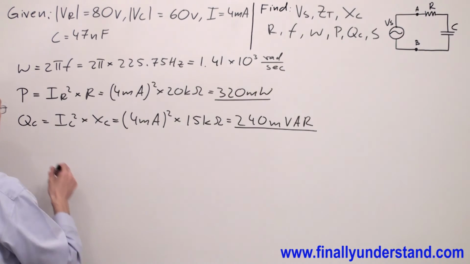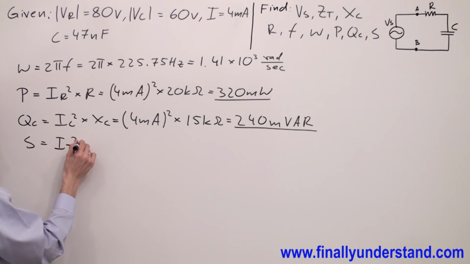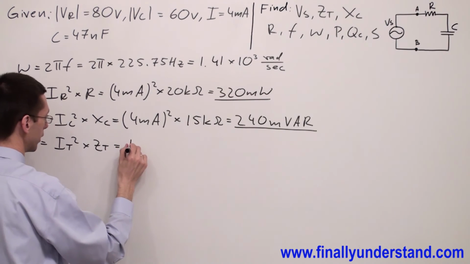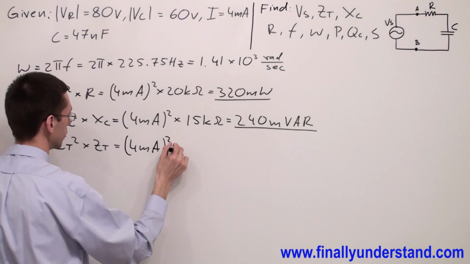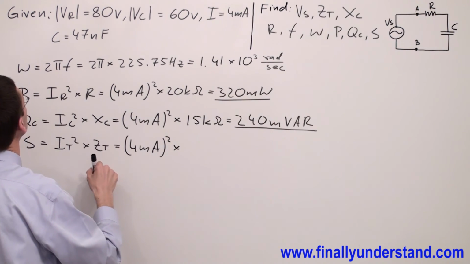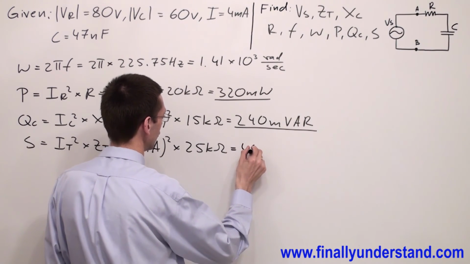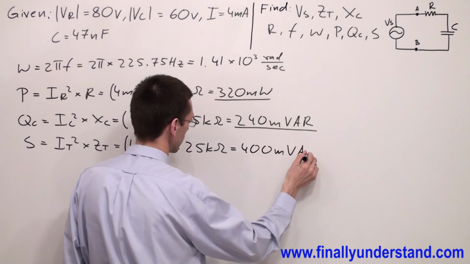And apparent power S is equal to I total squared times Z total, which is equal to 4 milliamps to the second power times Z total, which is equal to 25 kiloohms. This is equal to 400 millivolt ampere.